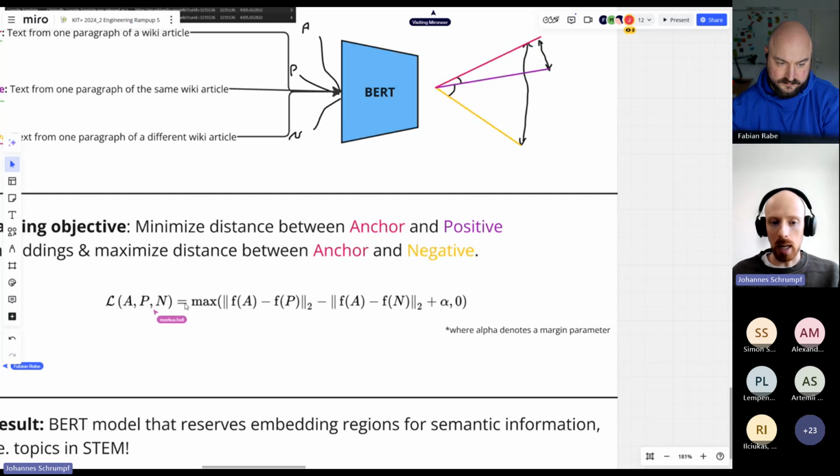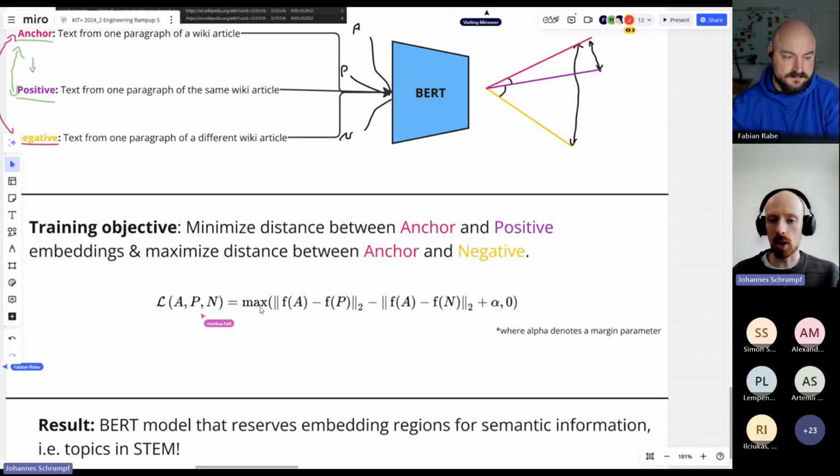So this is a mathematical formulation of the loss function that we will be using to train our model. Remember, the loss function is basically the translation step between a formulation of our objective in the real world and a mathematical formulation of this. If you're familiar with mathematical formulas, you will see immediately that this is basically just a Euclidean distance function.